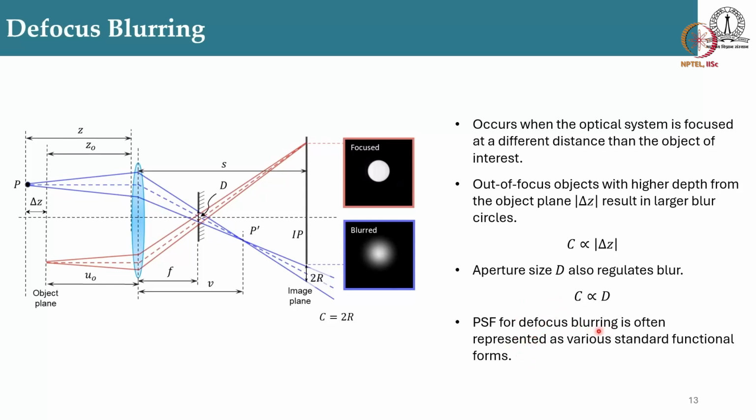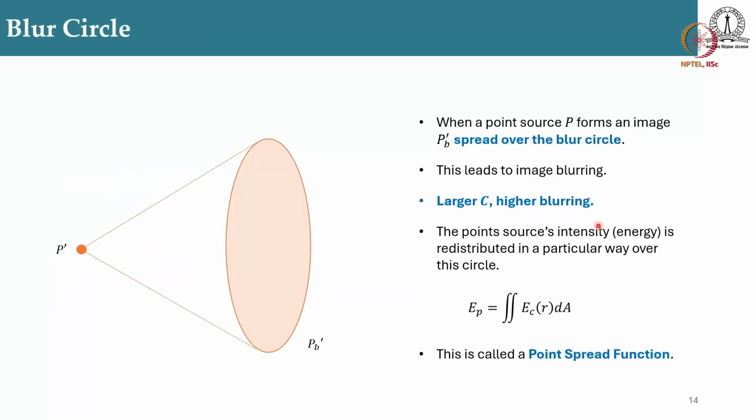This blurring can be explained in terms of point spread functions, which will be the topic of discussion in the next lecture. Just to glance over this idea, which will be discussed in detail in the next lecture: the blur circle that we were talking about will look something like this.